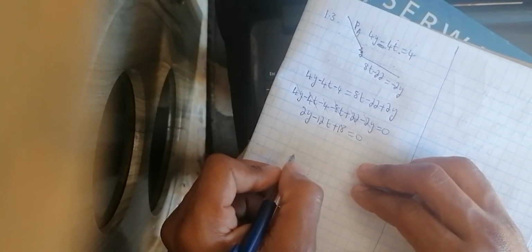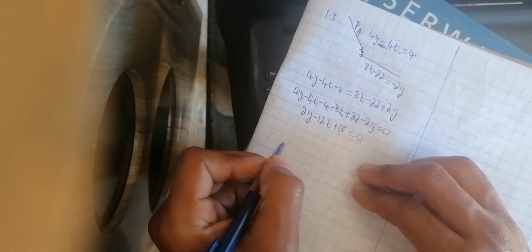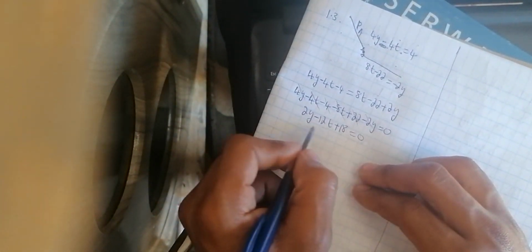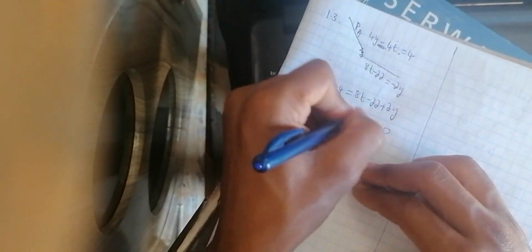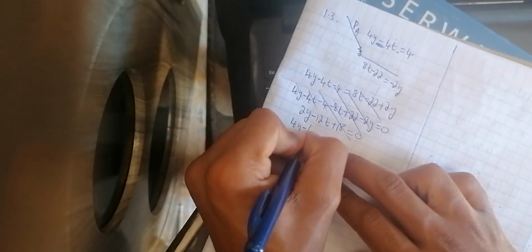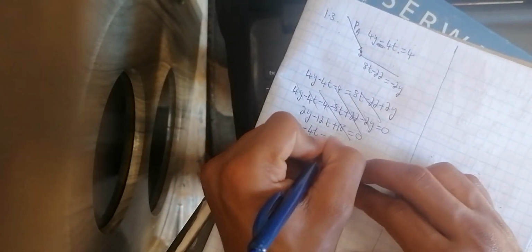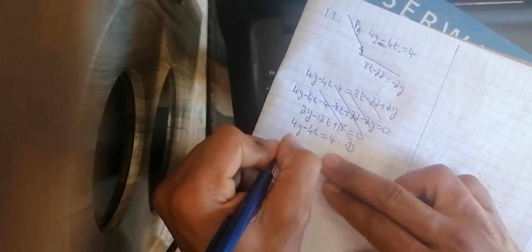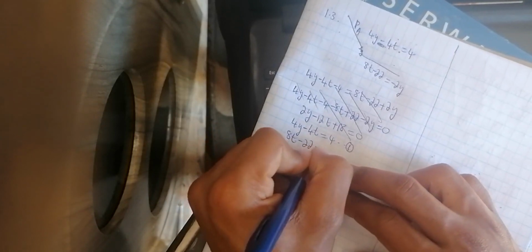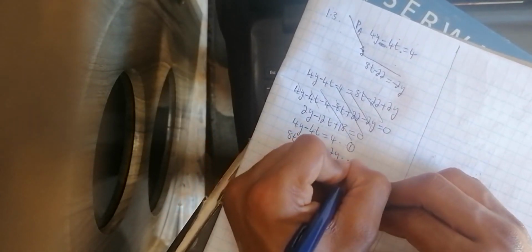Remember, we are looking for the point of intersection here. This would require simultaneous equations. Can you see that? Yes. Let's just try and use simultaneous equations, because you can see that you're not getting anywhere with this. So let's do this. 4y minus 4t equals 4 as equation 1. 8t minus 22 equals minus 2y as equation 2.